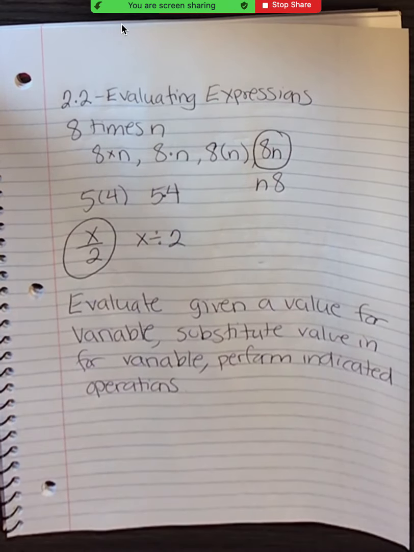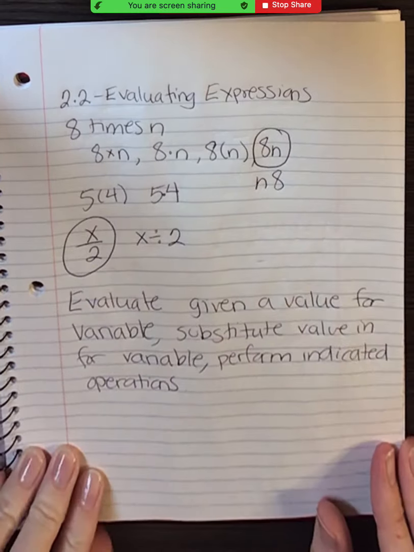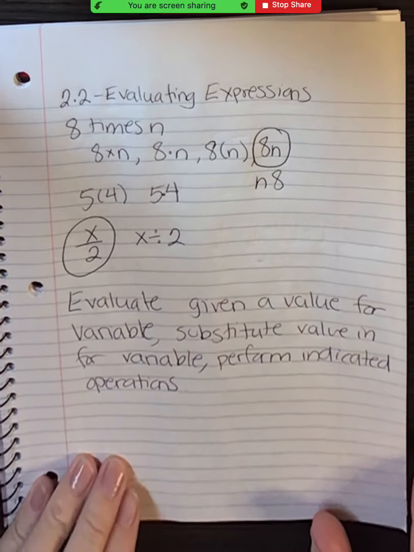So you're going to be given an expression with a variable in it, told what the variable equals, put in that value that you're given, and then perform the operations.